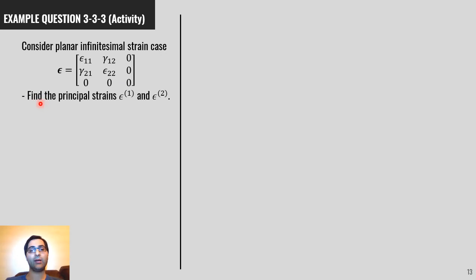Find the principal strains, epsilon 1 and epsilon 2. You have an eigenvalue problem to solve here. So basically you have to form the invariants first and then solve the characteristic equation for the two roots epsilon 1 and epsilon 2.